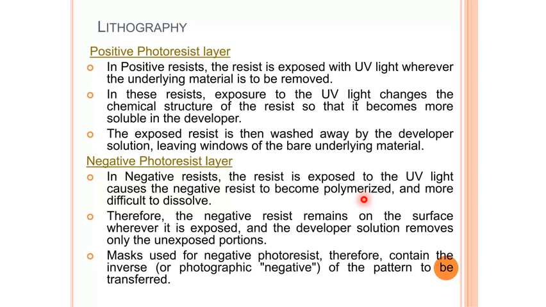The remaining portion, where the UV light was not exposed through the mask, is removed, as the developer solution removes only the unexposed portion. So the mask used for negative photoresist is sometimes known as the photographic negative of the pattern to be transferred.